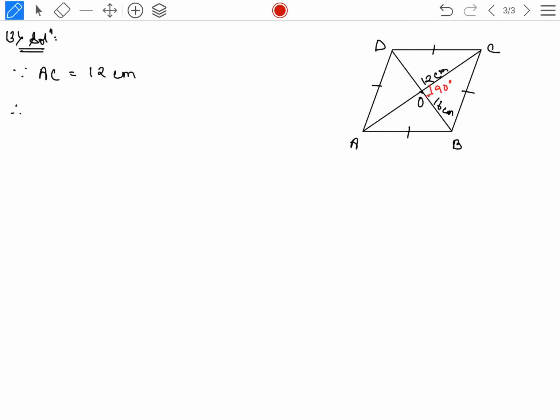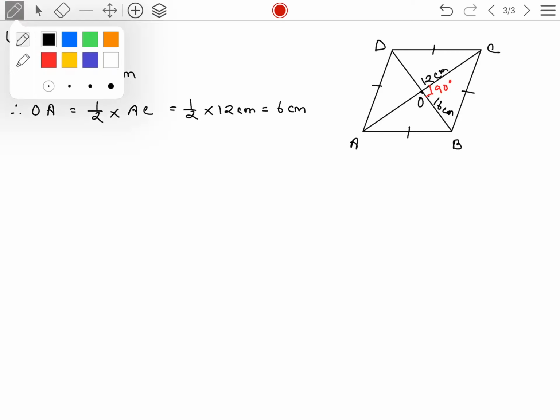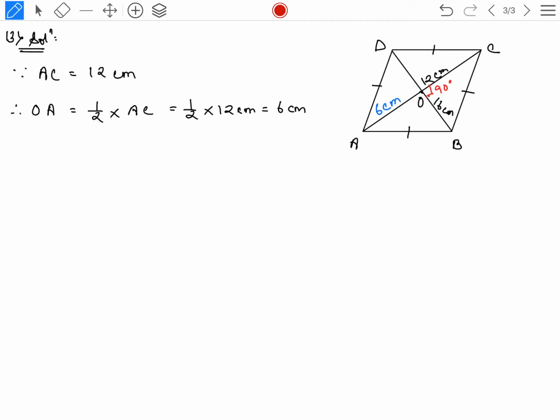Since AC is 12 centimeter, OA will be equal to how much? Half of AC, that is half into 12 centimeter, that means 6 centimeter. Because diagonals bisect each other at right angles, this will also be 6 centimeter.